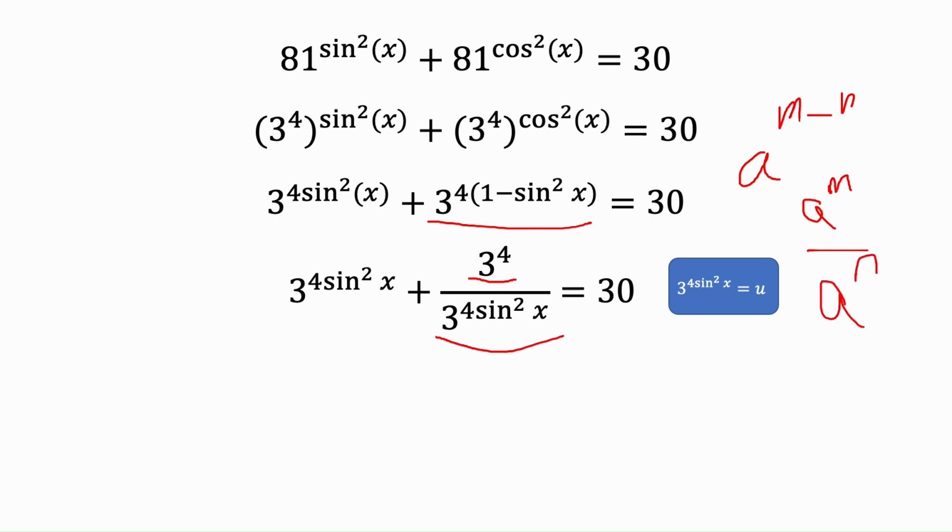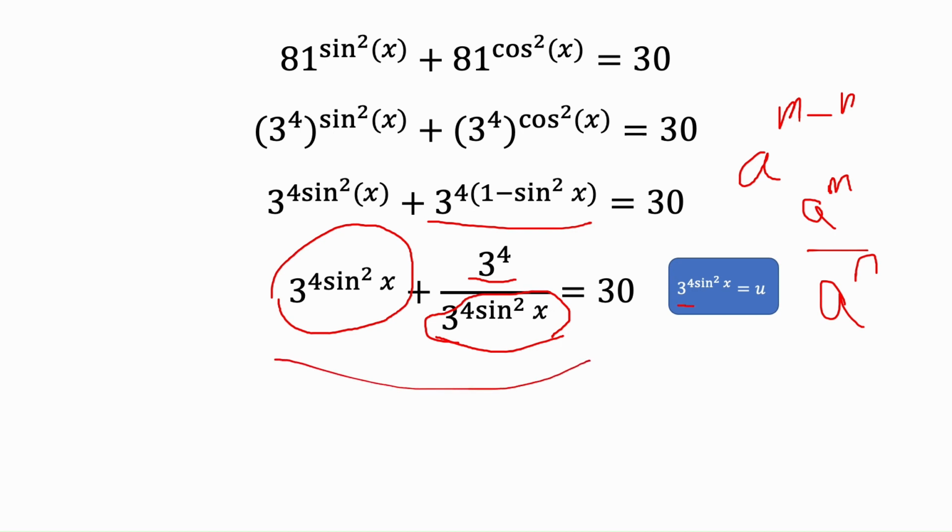And now if we look at this equation, we can see here we have 3 to the power 4 sine square, and again here we have 3 to the power 4 sine square. So these are similar. By changing the variable, we can make this equation much simpler.